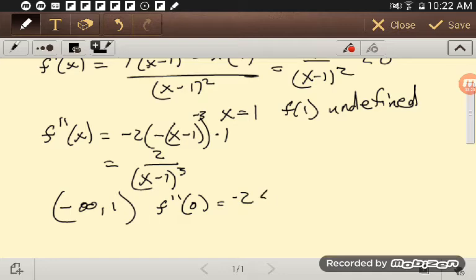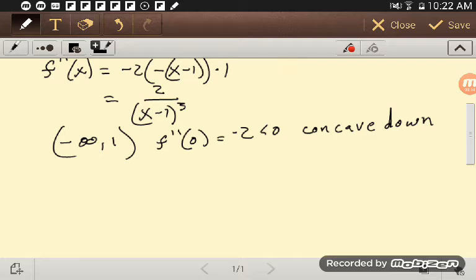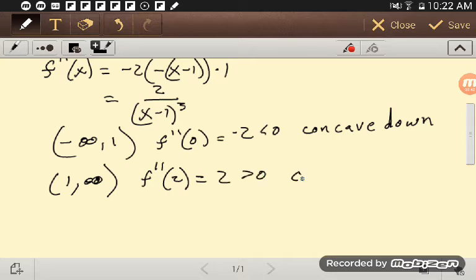That's less than 0, so it's concave down. It's concave down and decreasing. Then when we look on 1 to infinity, we could look at f double prime of 2, which is 2, greater than 0. That's concave up.